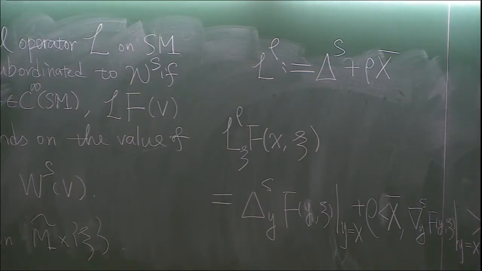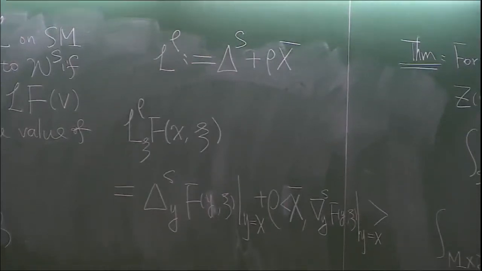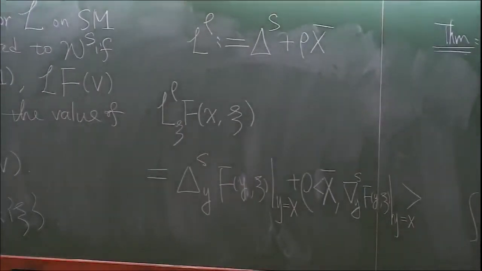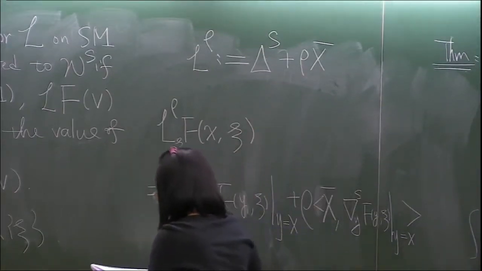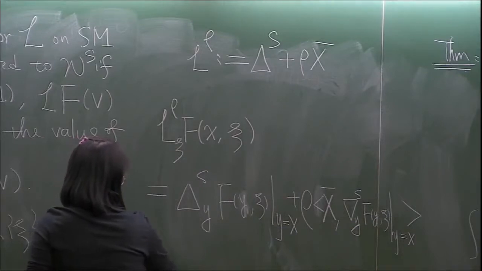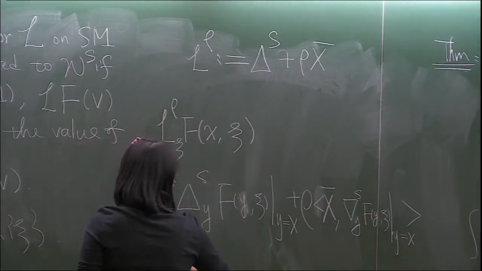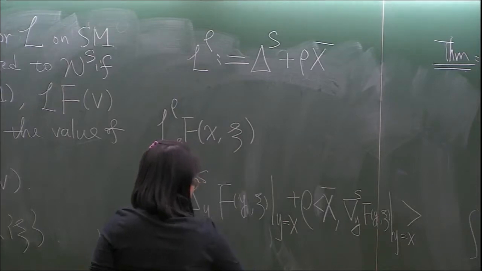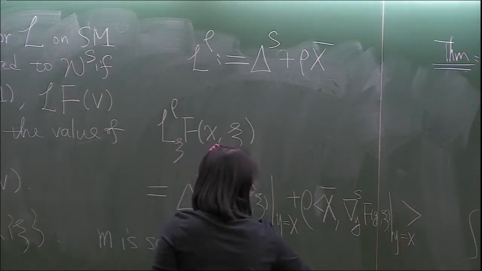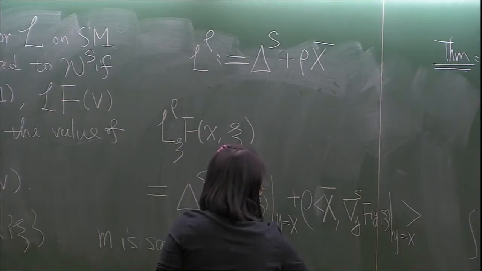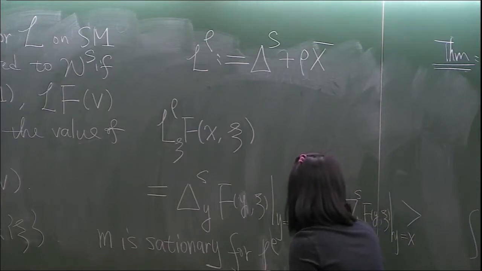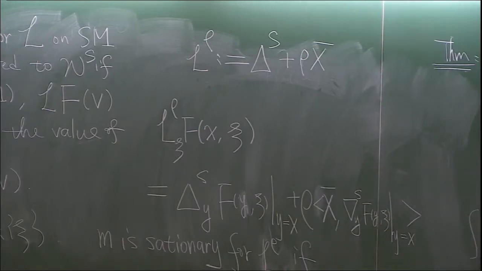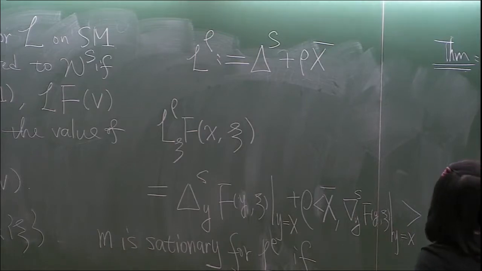So this is what we call a stationary probability measure. We call M stationary for this L_rho if, what's the condition there? Let me see.